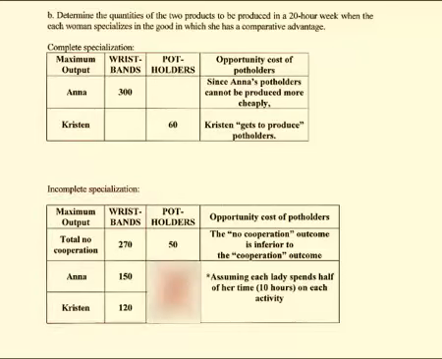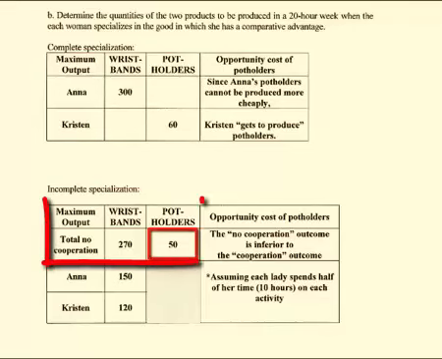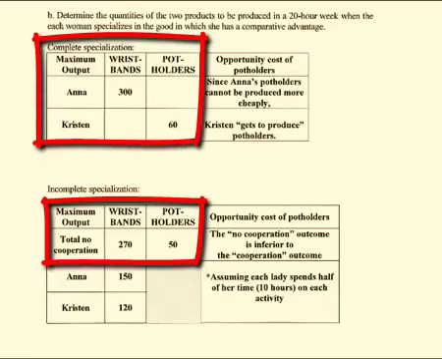We should have had Kristen producing 30 potholders in her 10 hours, and Anna 20 potholders in her 10 hours of producing potholders. The total is going to be 50, and the joint totals would have been 270 wristbands and 50 potholders, which is clearly inferior to 300 wristbands and 60 potholders. We conclude then that cooperating and specializing will yield a higher level of output jointly than if they both operated independently.